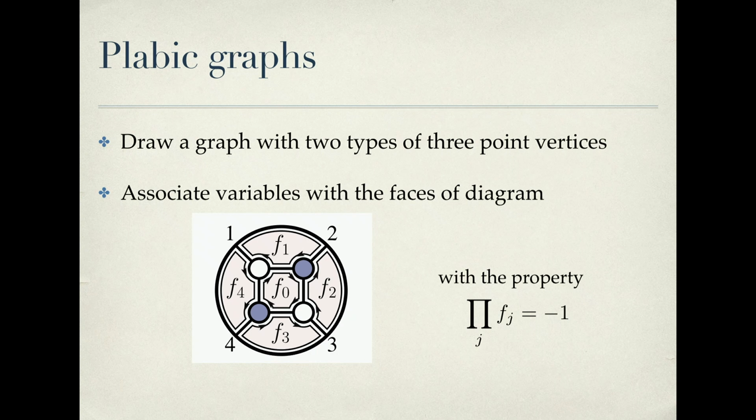That's kind of familiar, like this graph. And now label all the faces of the graph. This graph has 5 faces. We use variables f0, f1, f2, f3, f4. And there is a property that if you take the product of all these variables, it's equal to -1. So there is always one redundant variable.